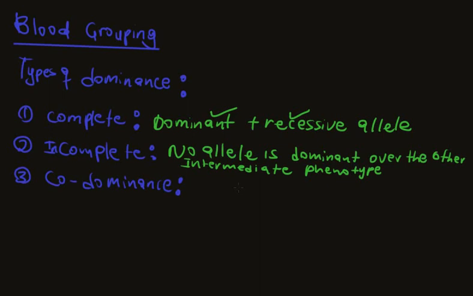Reason being, red is not dominant over white, so they can't be all red or most of them red, and white is also not dominant over red, so they can't be all white or most of them white. That's what we term as incomplete dominance, because no one dominates the other. Then we represent this, maybe if it's red and white, as R, W, and they will all be capital letters.